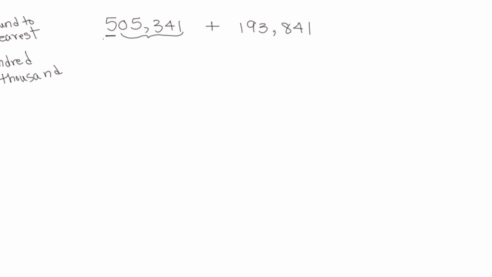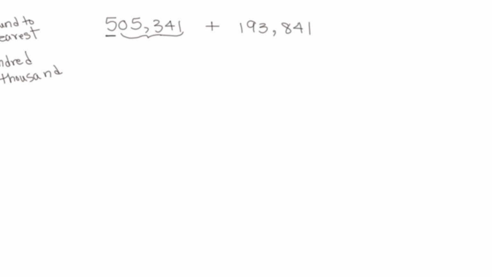If you need to draw the vertical number line, that's fine. But if you can start to visualize the number line without drawing it and skip that step, that's okay too. So one possibility that we can round to the nearest 100,000 is 500,000. This is only 5,341 away from 500,000.